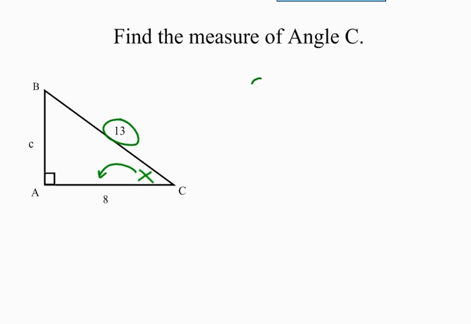So we have cosine of angle C equals the adjacent side over the hypotenuse. To solve for the angle, we have to use the inverse cosine. If we take the inverse cosine of the left side, it'll undo the cosine and leave us with angle C by itself. We have to do the inverse cosine to the right side.